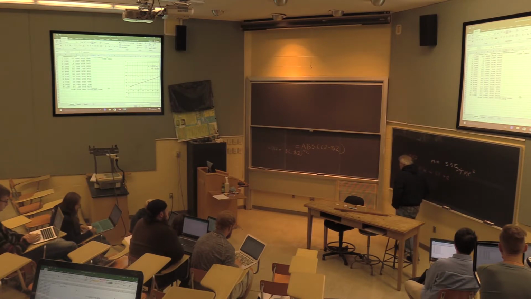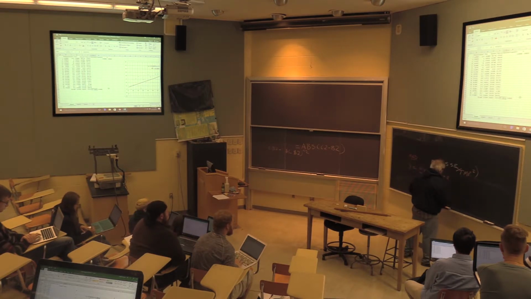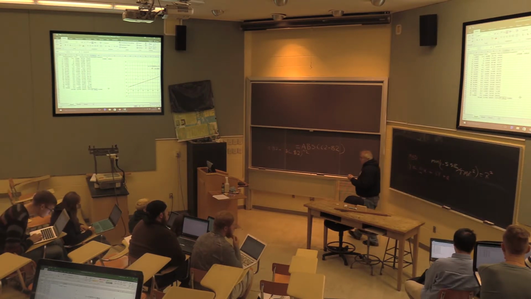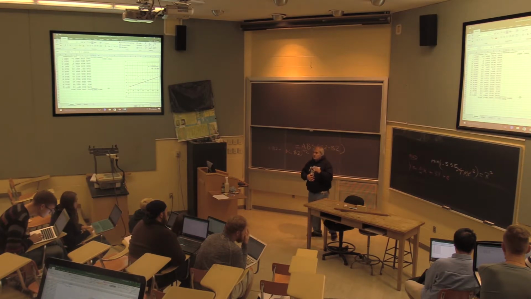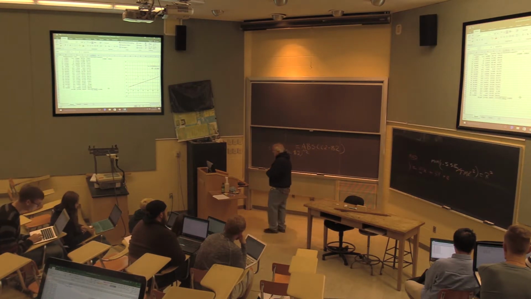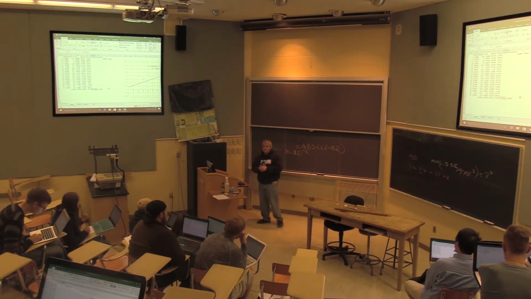Okay? And 1 minus that is the R squared. And that is a measure of fit. So it's how well did we do. The closer to 1 that is, the closer our line is to the points. Does that make sense? All right.